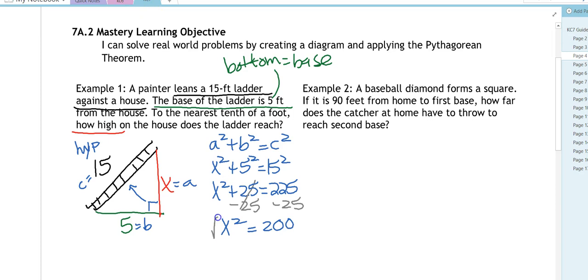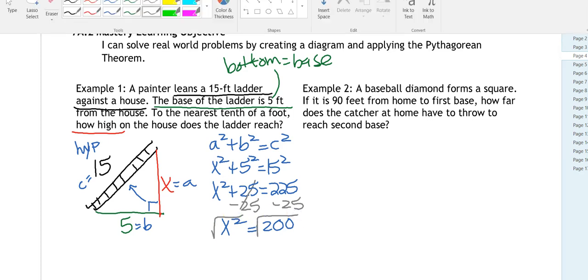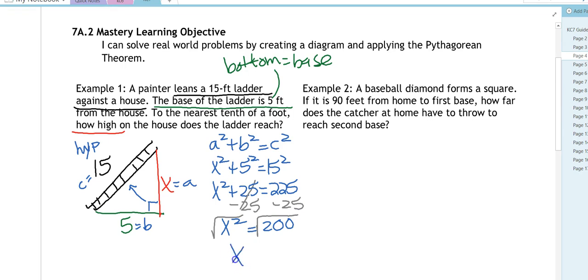I do the opposite operation, which is taking the square root of both sides. And x is going to equal about 14.1 feet. So that is how high my house is to the nearest tenth.